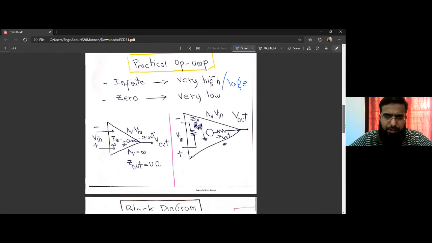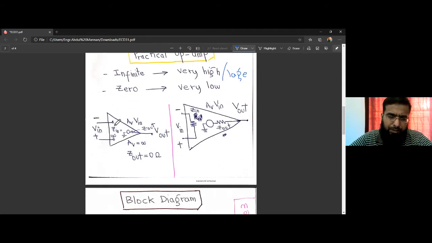This is how we can draw it graphically: Rin is infinite, the output resistance is zero, replaced with a short circuit. AV is infinite, Rout is zero, but practically the Rin, the input impedance that we see between the negative and positive input terminals, is very large, AV Vin is very large, and Rout is very small. So practically we achieve these infinite and zero values with very high and approximately zero or very low values.